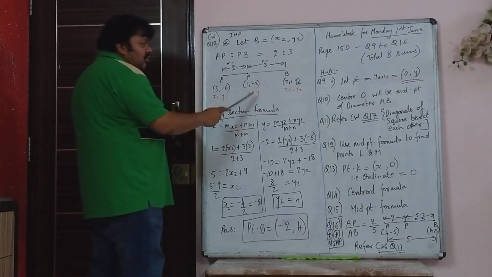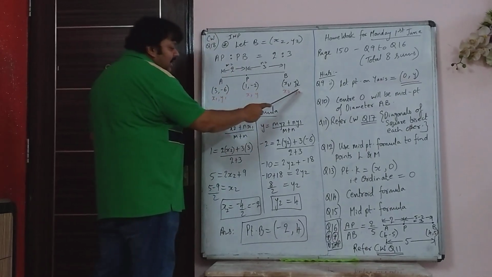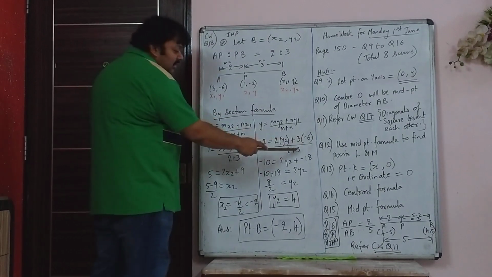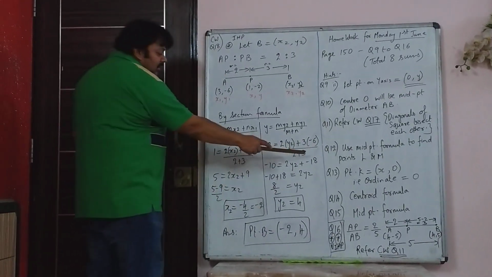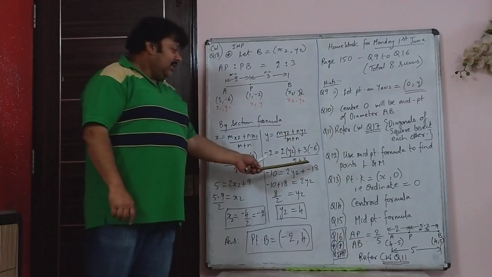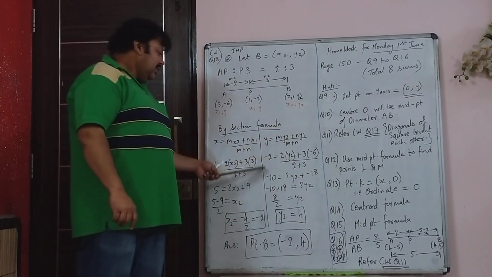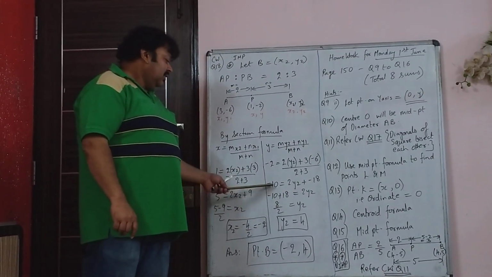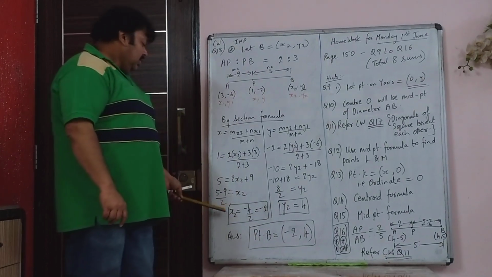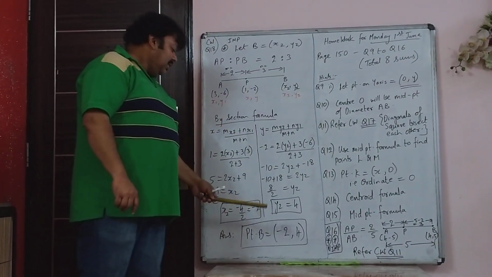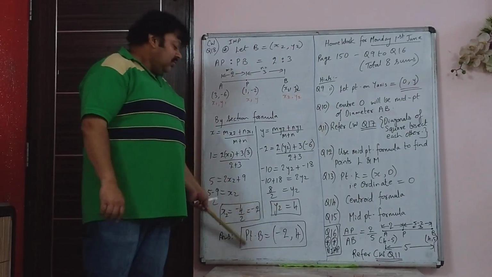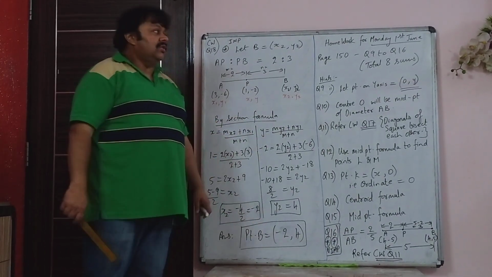So minus 2 is (2 into y2 plus 3 into y1, that is minus 6) upon (2 plus 3). So when you multiply 5 with minus 2, it is minus 10. 2y2 minus 18. So minus 18 on this side will become plus 18. So it becomes 8 upon 2, y2 is 4. So (x2, y2) is point B. So point B is (minus 2, 4). Don't leave it as x2, y2, write it as point B because that is asked.